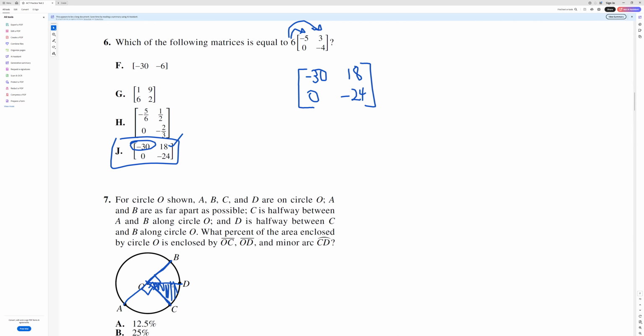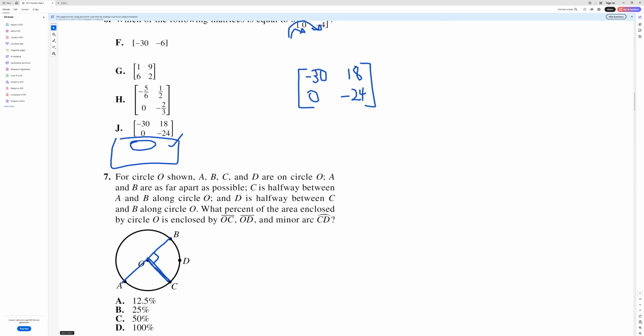So it says that A and B, that's what happens when you try to rush. Okay. A and B are as far as possible. C is halfway. So that's my 45, 90, 180, 90 and 90, and D is halfway. So this is half of 45.